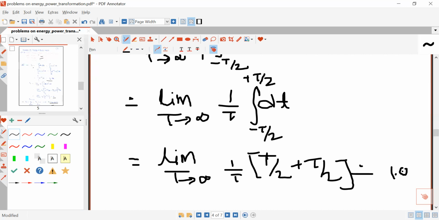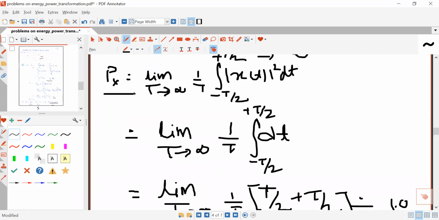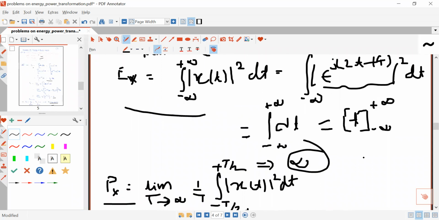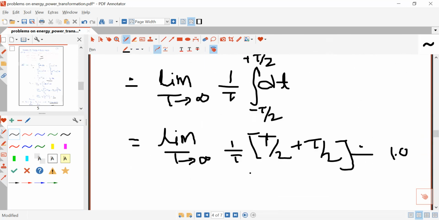So in this way you are seeing here that this signal has a definite value of power, but an infinite energy value. So this is the definition of a power signal. A power signal has some finite value of power but infinite value of energy, and you are getting the same result here. So you can say the signal is a power signal.